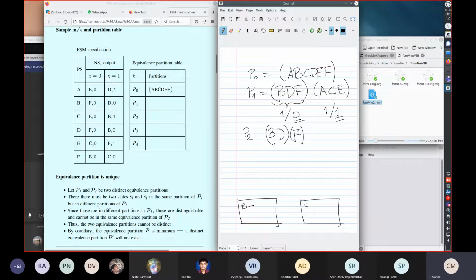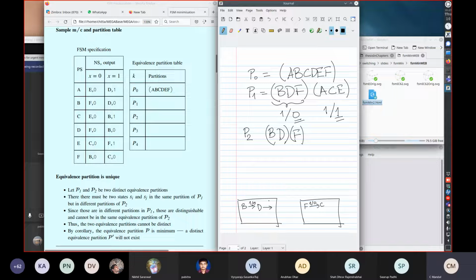So on 1, B goes to D, and the output is 0. F on a 1 goes to C. You still get a 0, but it goes to C. Now, I have already seen that D and C are distinguishable, so you make use of that.